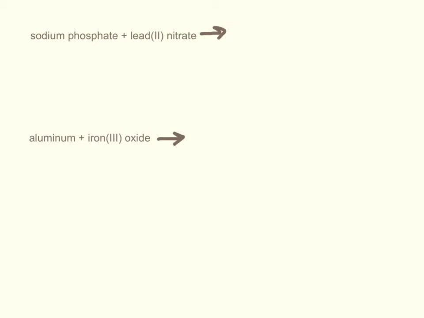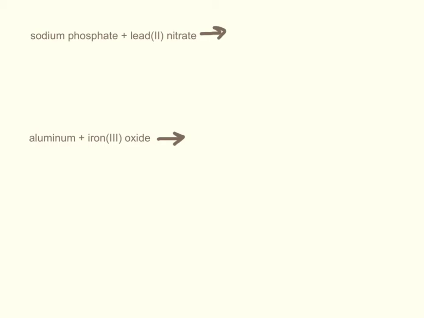So I want to show you these two specifically because of the Roman numerals. Just want to make sure we practice on that because I still feel like some of you are kind of struggling with that. So I've got compound and a compound, so double replacement.